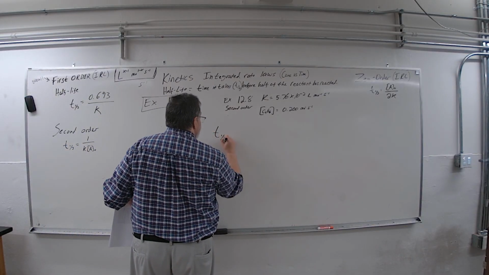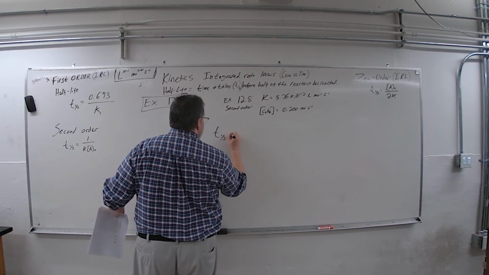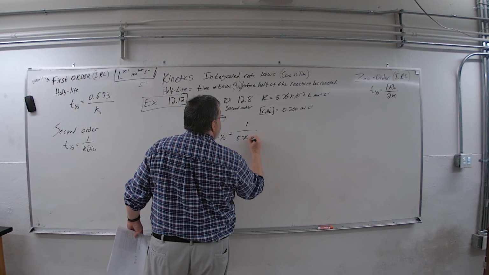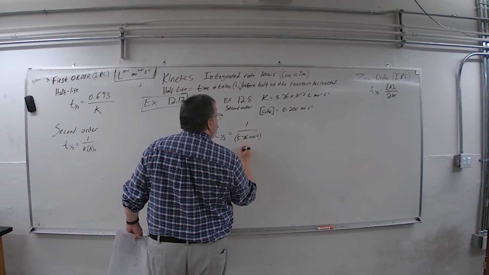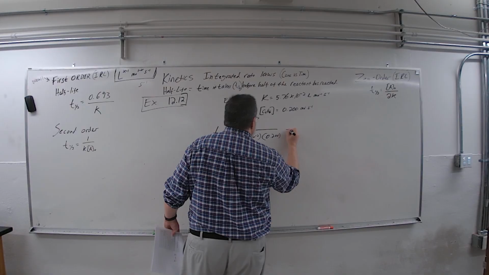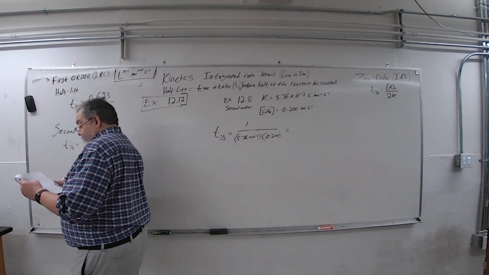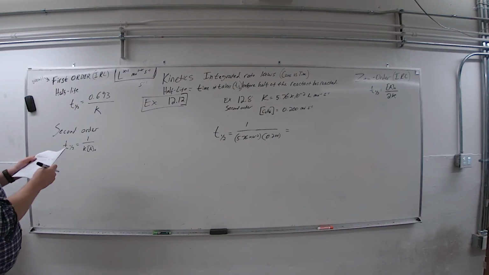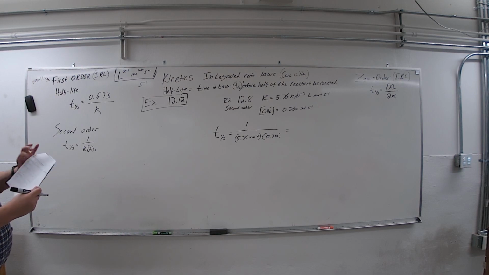What is the half-life? I'm actually solving for T1/2. 1 over 5.76 times 10 to the negative 2 times that. And that should do it. Second order. Yeah, set it up right.